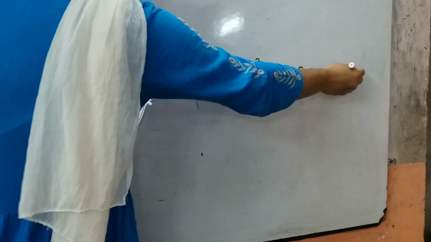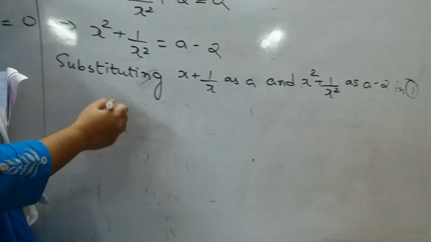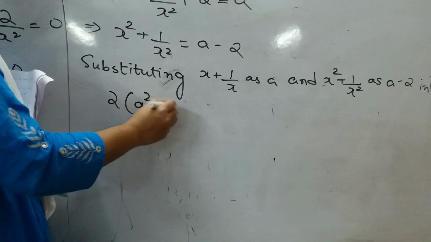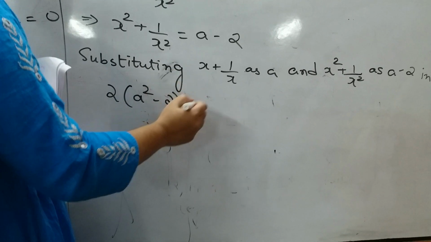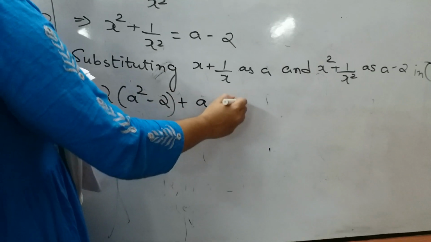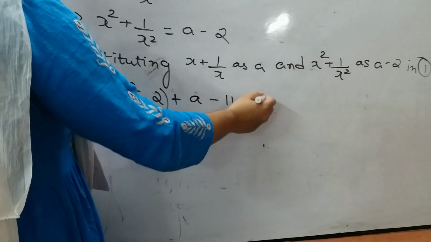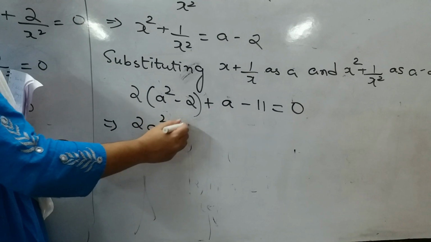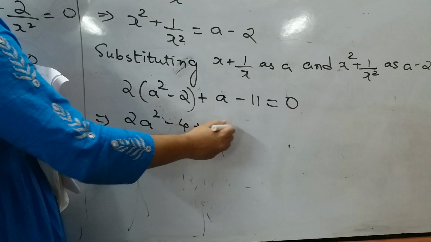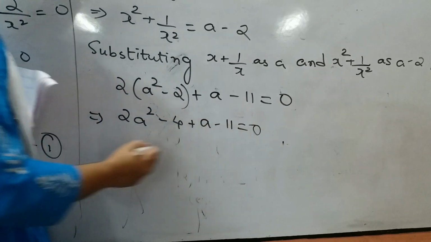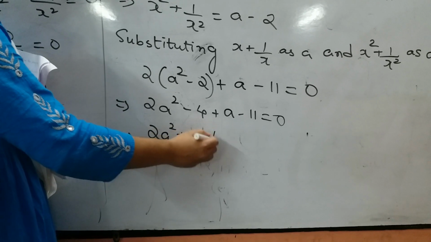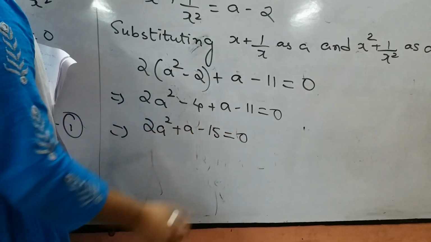What do you get? 2 into a square minus 2 plus a minus 11 is equal to 0. So what do you get here? 2a square minus 4 plus a minus 11 is equal to 0. Here you get 2a square plus a minus 15 is equal to 0.